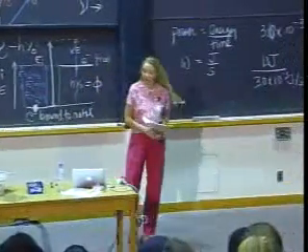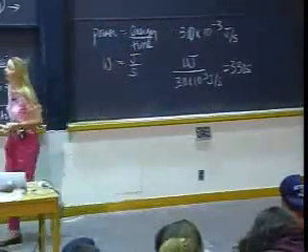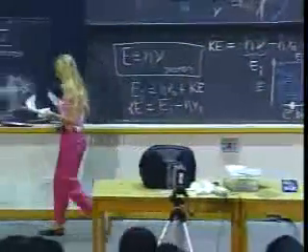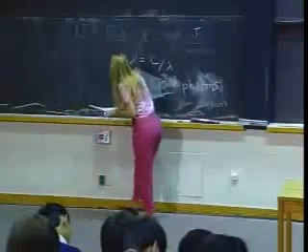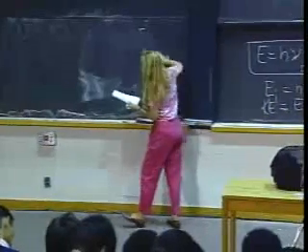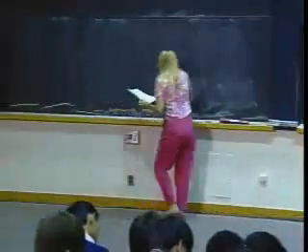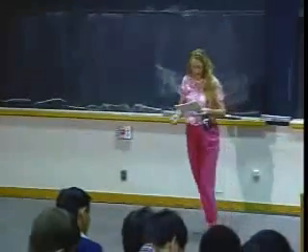It says how many photons at a radiation wavelength of 1 picometer again, how many photons per second have to be delivered if the power of the radiation is 3 milliwatts. Okay?